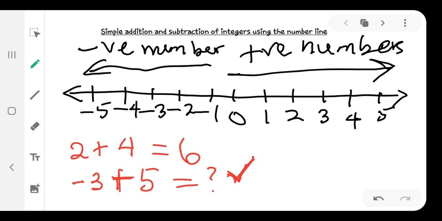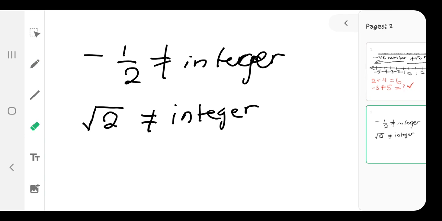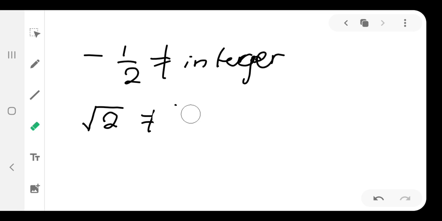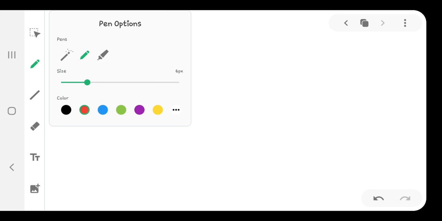Okay, so let's try some examples. We are going to put down some examples and then solve them. Let me change the color of my pen.